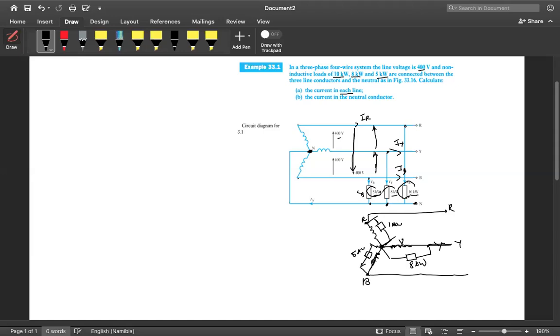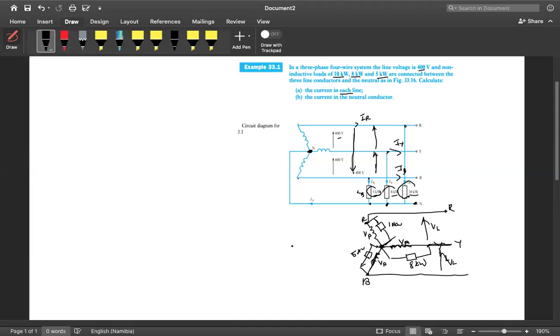So here I'm going to have a phase voltage, a V phase here, a V phase there, and here I have a V line. Now our V lines are balanced, so that means our phase voltages are going to be balanced also. Okay, let's see how it goes.